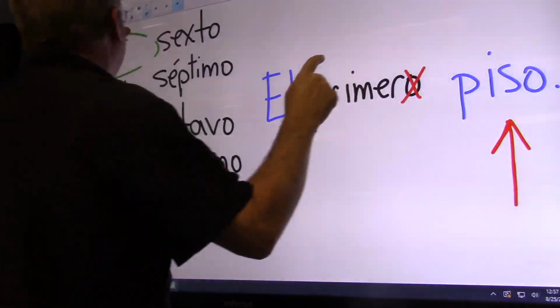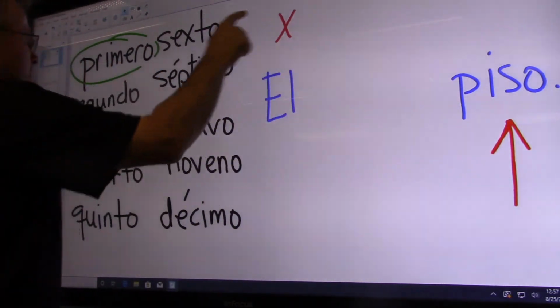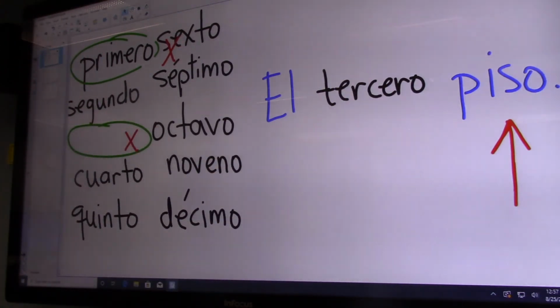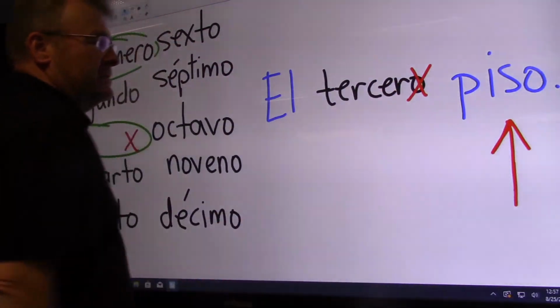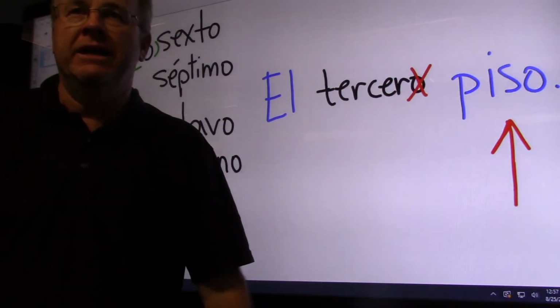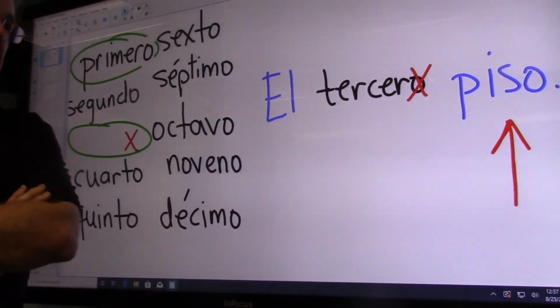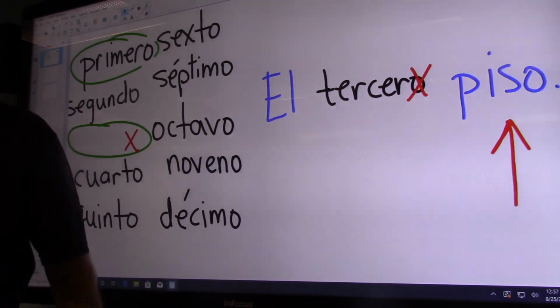Okay. The same phenomenon occurs with the word tercero. I would not say the third floor as el tercero piso. I've got to knock that O off because it appears before a singular masculine noun, and therefore the third floor in Spanish is not el tercero piso, sino el tercer piso. El tercer piso.